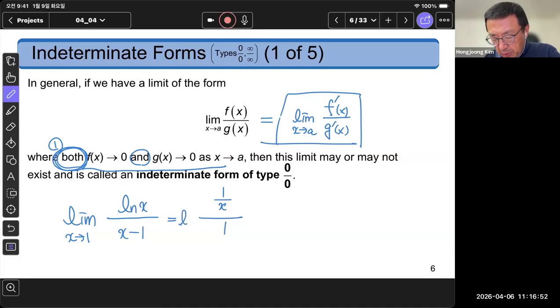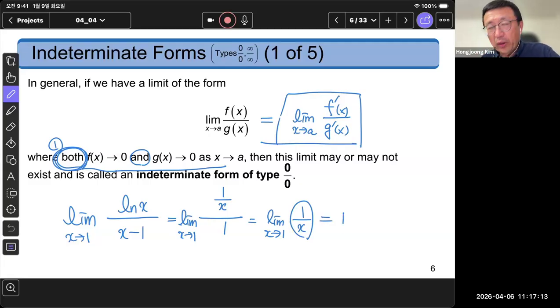You replace the limit with this one. Now 1 over x over 1 is just 1 over x, and this is a continuous function. So as x approaches 1, the value is 1. So this is the limit of the previous problem. Not 0, not 1, not infinity.